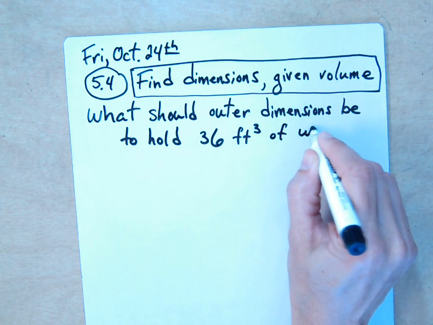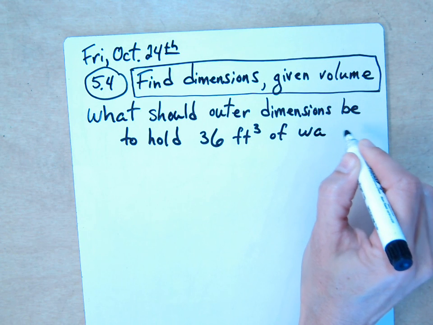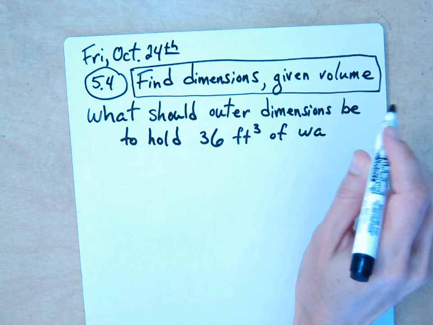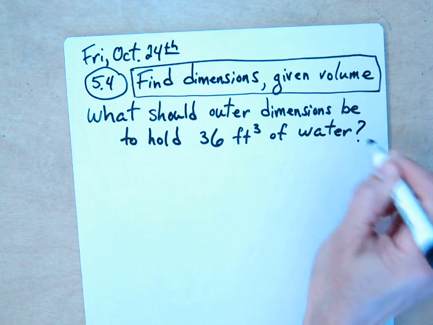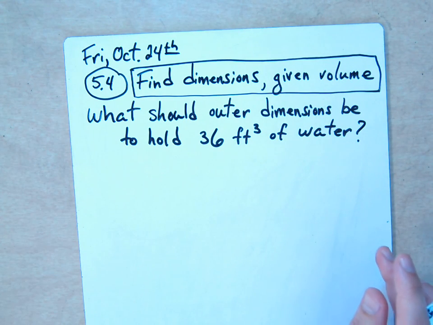And I'm going to draw the three-dimensional figure in a second. We'll skip what the actual thing is. It could be a planter box, it could be a fountain, it could be anything of water.